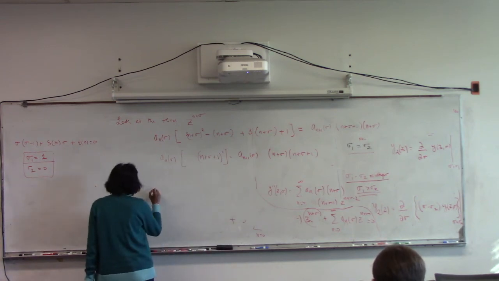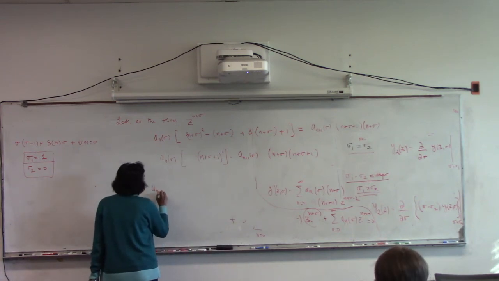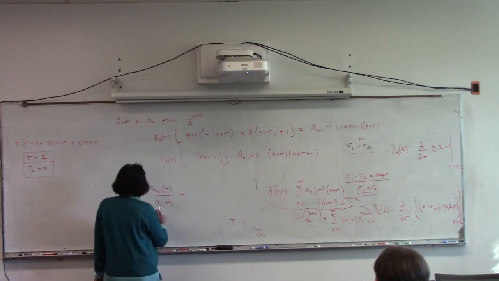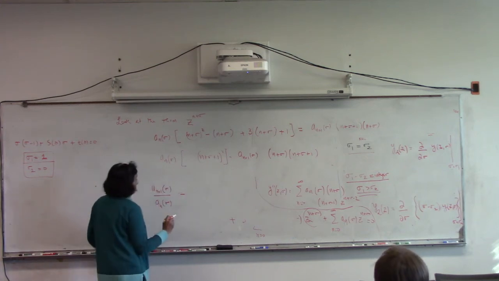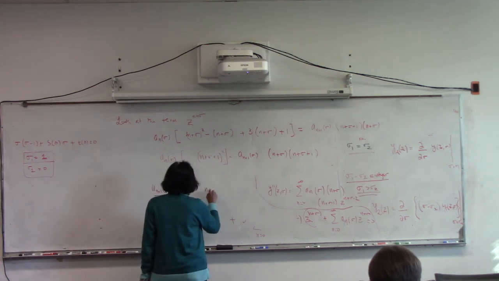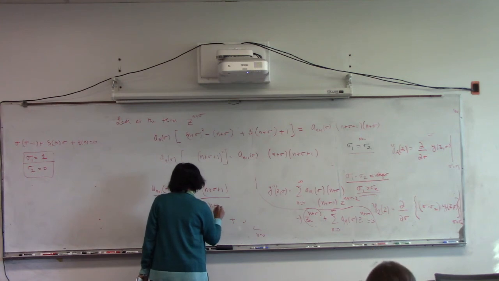Alright, so what we have is, this is nothing but a_(n+1)(sigma) over a_n(sigma) is n plus sigma plus 1 divided by n plus sigma.